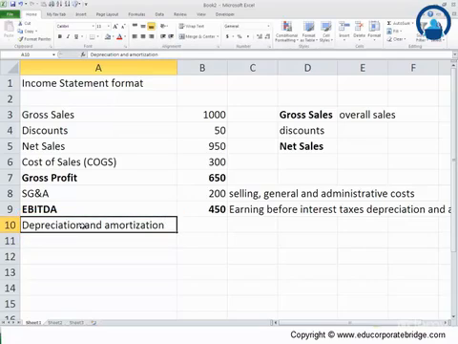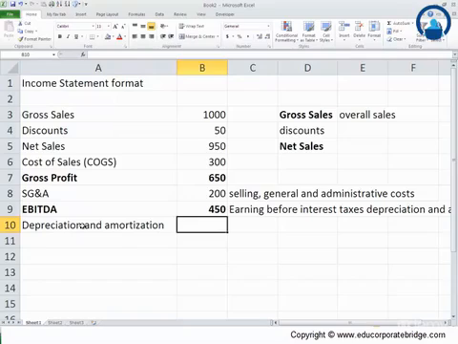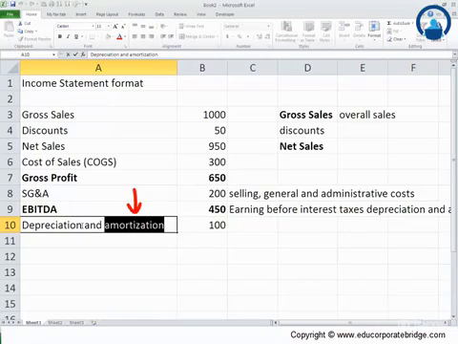Now the next important term after EBITDA is the depreciation and amortization. We have learned earlier that depreciation is basically the allocation of the cost of the fixed asset over its useful life. So we have learned this in detail, and I'll take some number here for the sake of example. Let's assume that the depreciation is 100. The term amortization is related to the intangible assets.